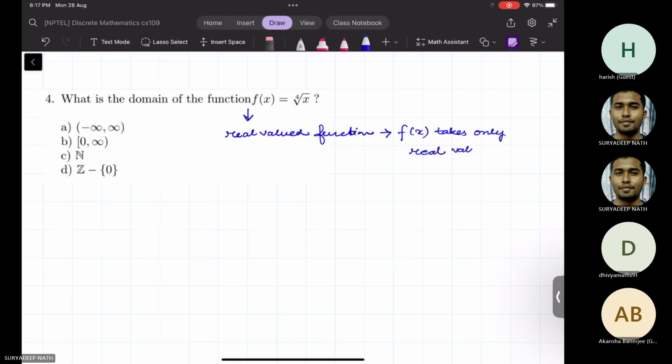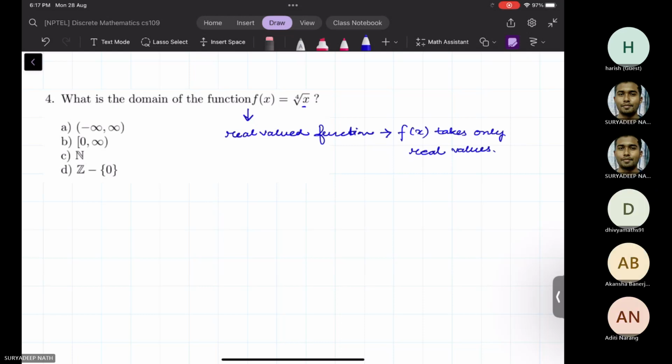Now you have this function, fourth root of x. Can you tell me for which values of x it is real? Option B, right. So from 0 to infinity, which basically means the entire non-negative axis.